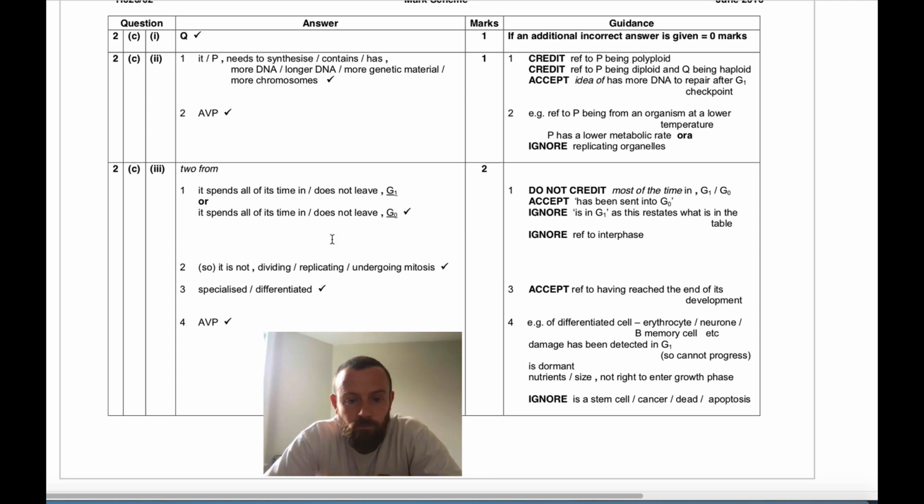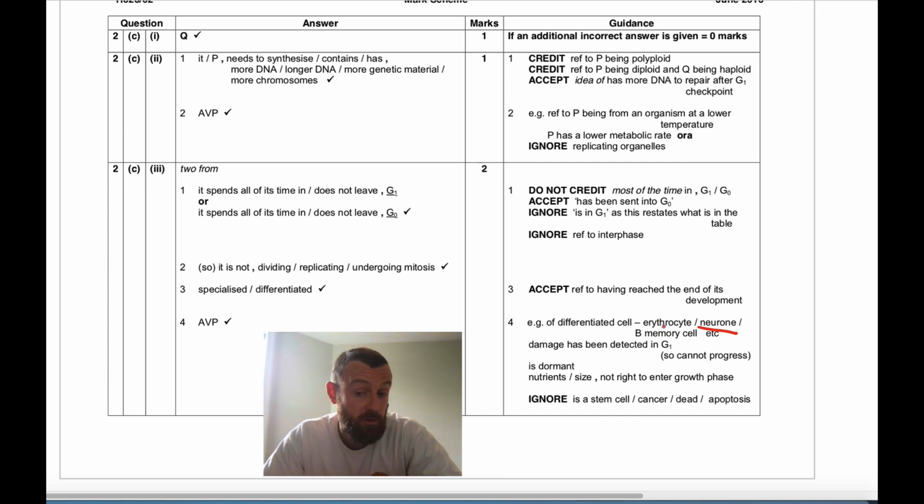Down here, this is the cell which is in its quiescent state, so it spends all of its time, does not leave G0, so it's not dividing or replicating. It's specialized or differentiated. Any valid point, so reference to having reached the end of its development, for example, a neuron. There's an example, that's what we used, neuron.